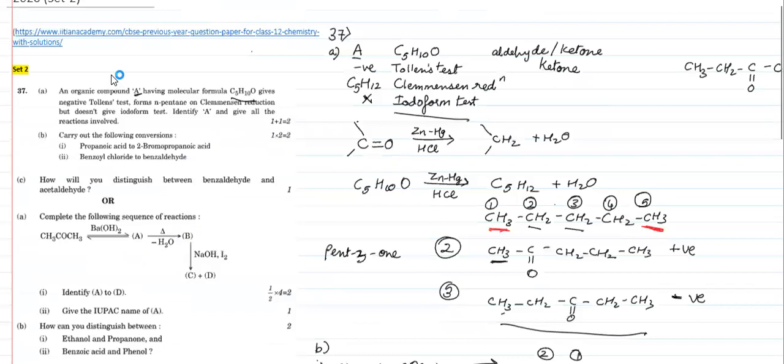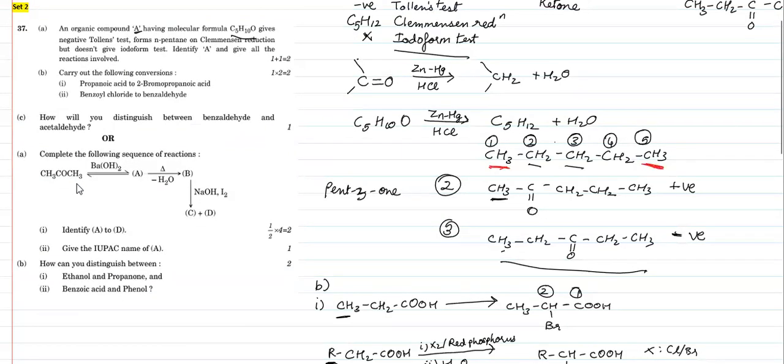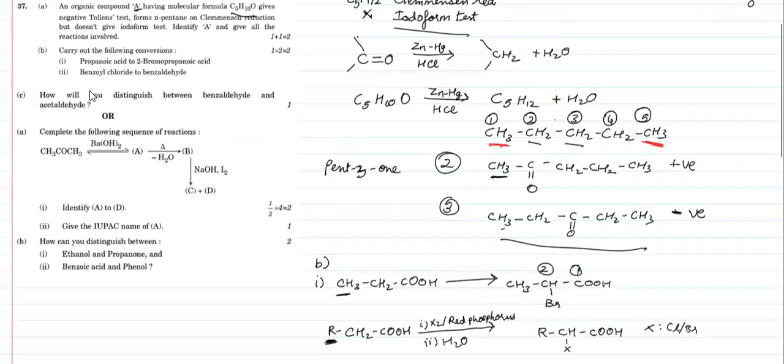So the first one is CH3COCH3 reacting with barium hydroxide to give us something called A. The reason we're continuing with the next step and going forward to B is because it's a named reaction. These are two steps of a named reaction, that is aldol condensation.